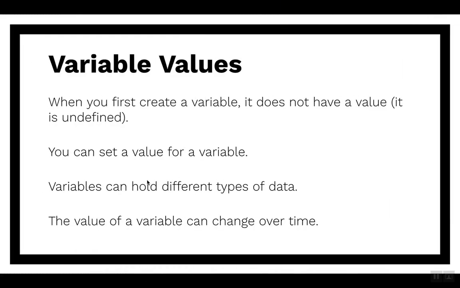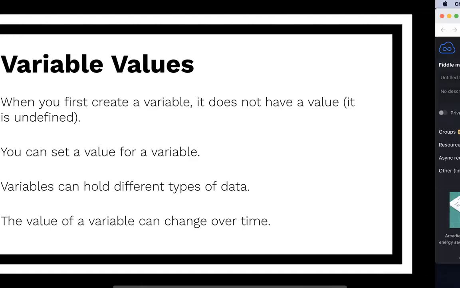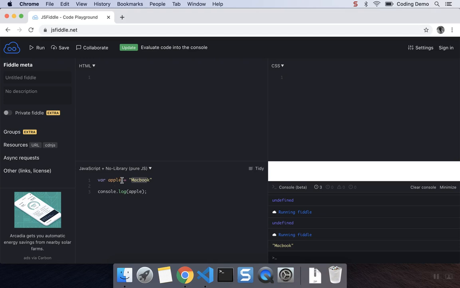Okay. The next thing is the value of a variable can change over time. So we already experienced this right now. The Apple was undefined first, now it became MacBook. And let's say if I log this out here, and now here I change the value of Apple to, let's say, banana. Who cares?